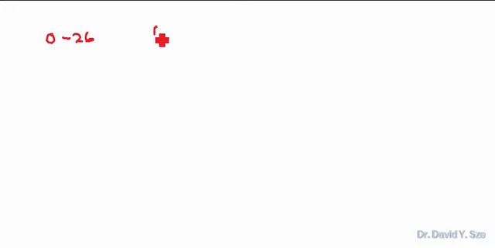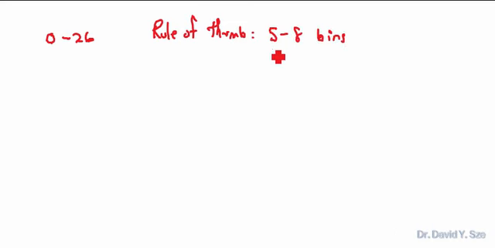A rule of thumb for histograms is that we'd like to have 5 to 8 bins. 5 if the data set is not too large, 8 or even more if we have a large data set, say hundreds or thousands of data items. Here we don't have too many, so let's try for 5 bins.